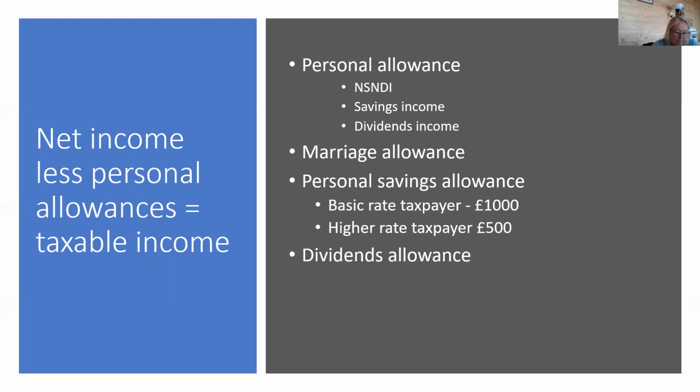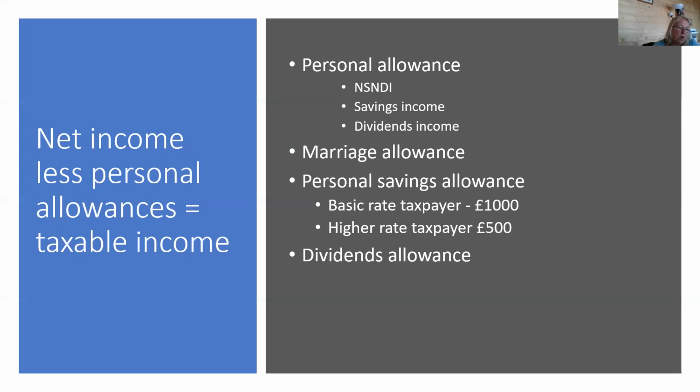There's also marriage allowance that enables you to transfer up to £1,250 of your personal allowance to your spouse or civil partner, so long as your spouse or civil partner, i.e. the recipient, is not a higher or additional rate taxpayer. And there are some other allowances mentioned in the study guide, blind person's allowance mentioned there as well.